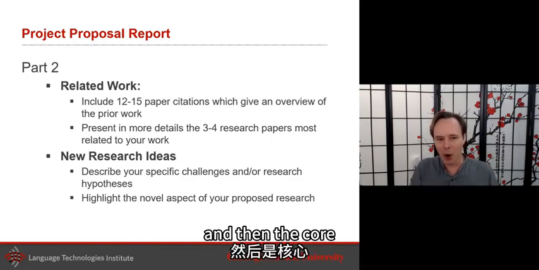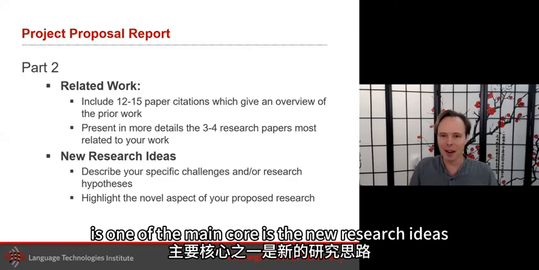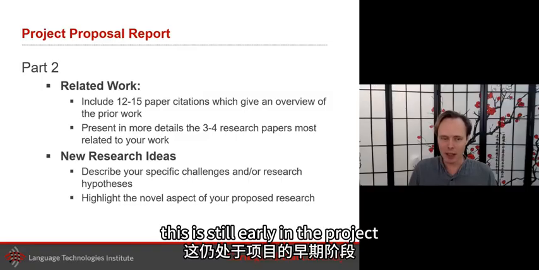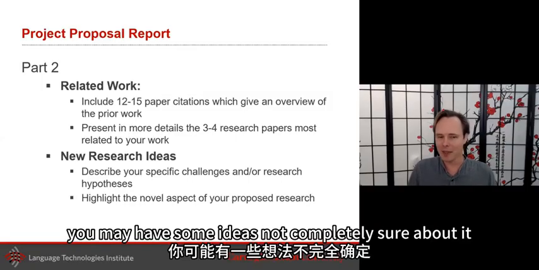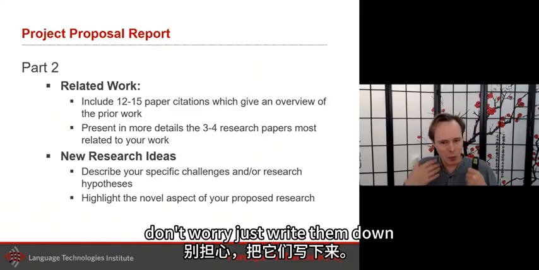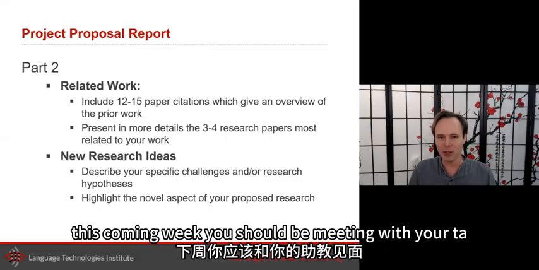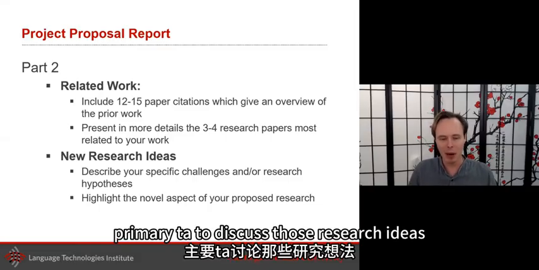And then one of the main cores is the new research ideas. And don't worry, at this point this is still early in the project. You may have some ideas, not completely sure about them. Don't worry, just write them down. The goal is to give you feedback. In fact, this coming week, you should be meeting with your primary TA to discuss those research ideas.